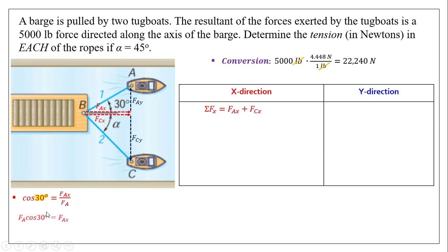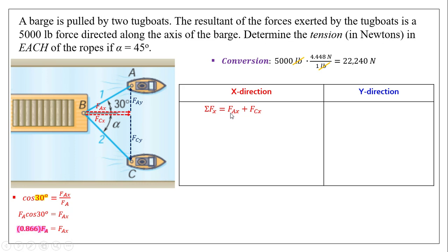To solve for FAX, I'm going to move FA to the left side of the equal sign, or you can multiply both sides. That'll give you FA cosine 30 degrees. And then we can simplify cosine of 30 in our calculator. That'll give you 0.866 times FA. So therefore, we have an expression for FAX in terms of FA. Because we need FAX, right?